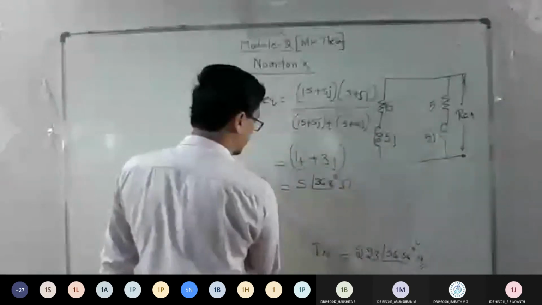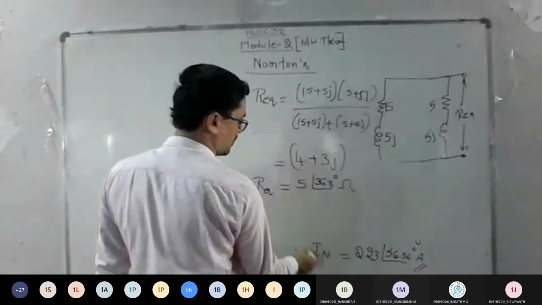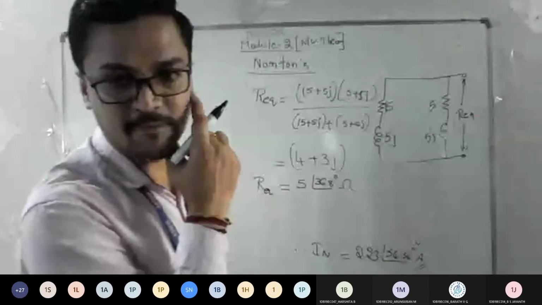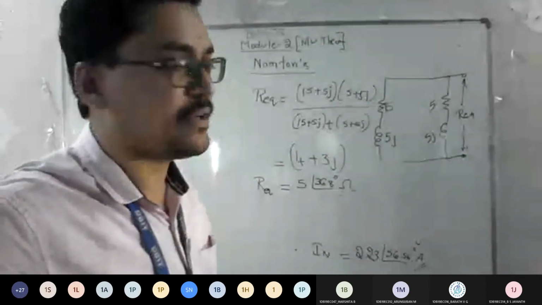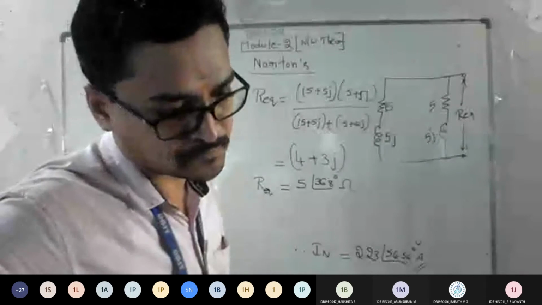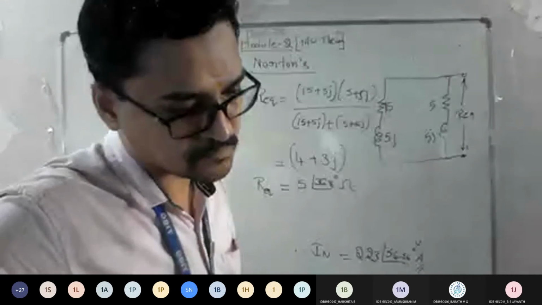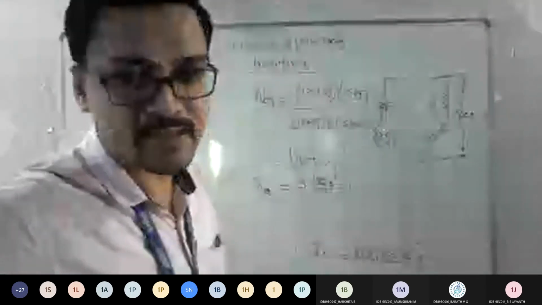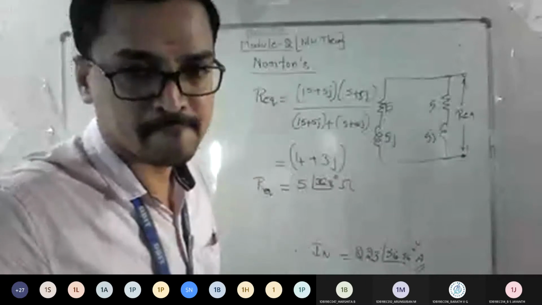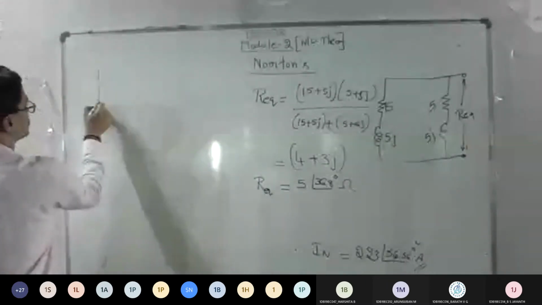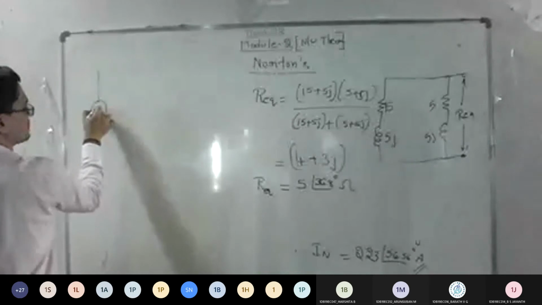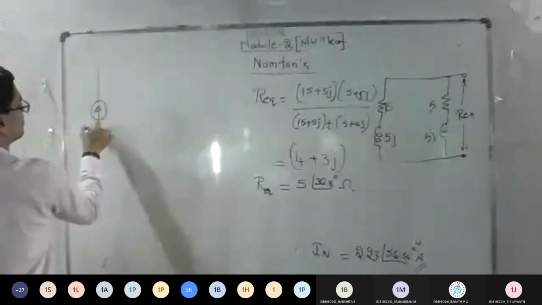Try to keep things in polar form because your Norton's current is in polar form. In the same way, keep R equivalent, or Z equivalent, in polar form also. Others got the same answer your friend told? So write the R equivalent. The current is positive, so it will be upward.